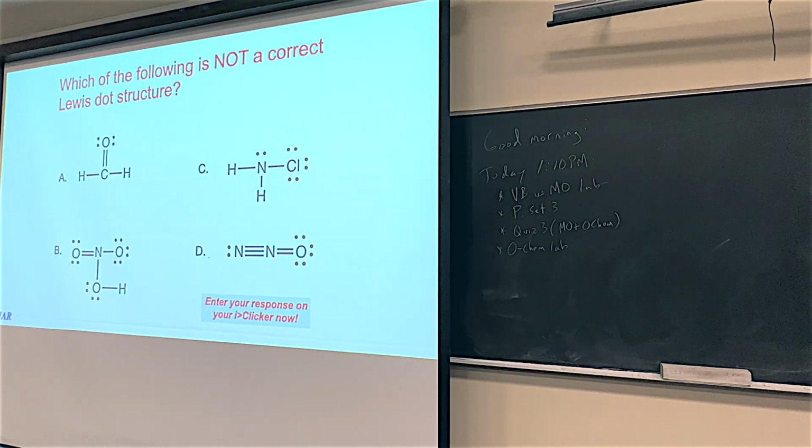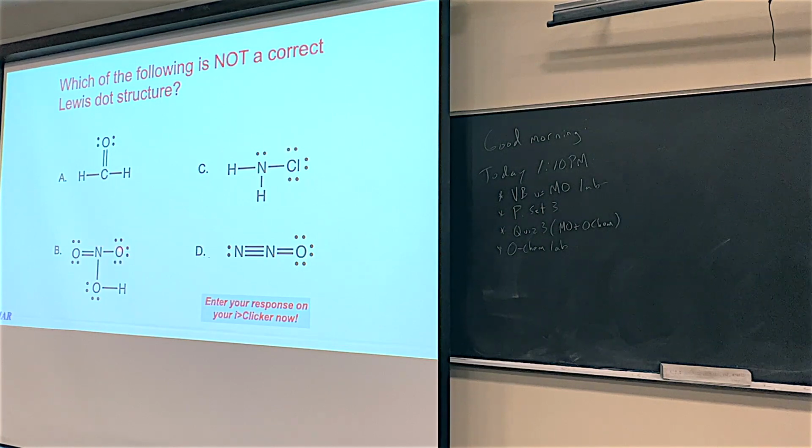Chlorine is a halogen. All the halogens like to have 3 lone pairs and a bonding pair if they're on the outside. Excellent. Nitrogen, 1, 2, 3 bonding pairs and a lone pair, so it's 4 pairs. It's happy. Now, it may seem at first like this is a possibility, because this is a happy oxygen, 2 bonds, 2 lone pairs, and this oxygen is happy, 2 bonds, 2 lone pairs.